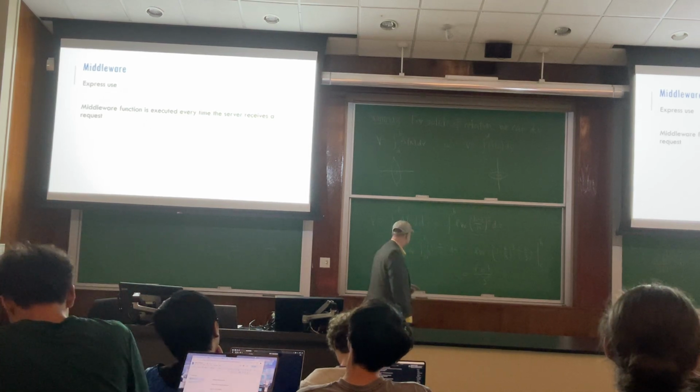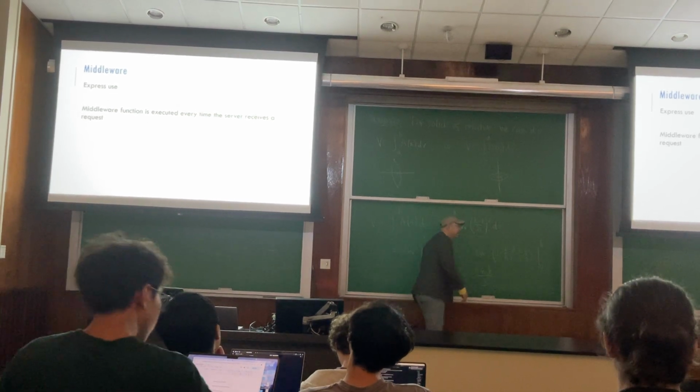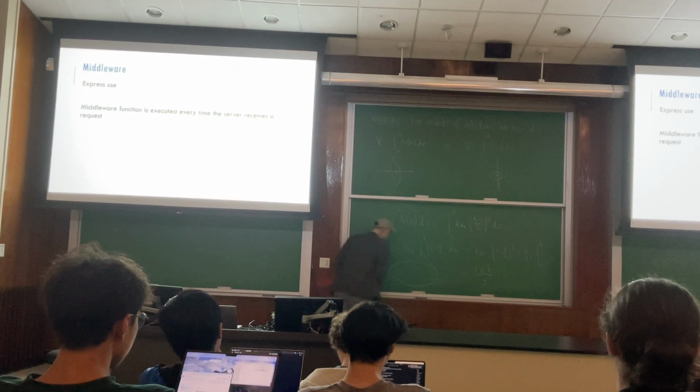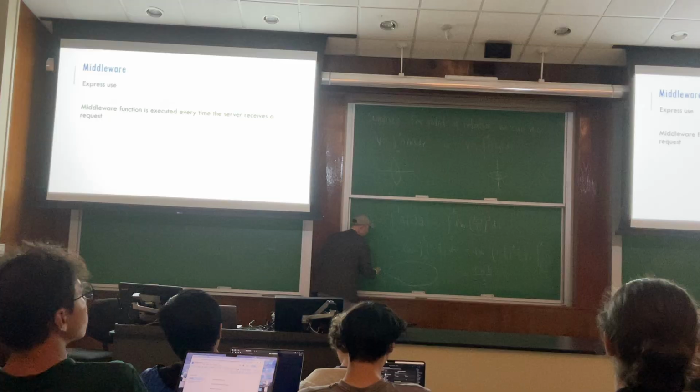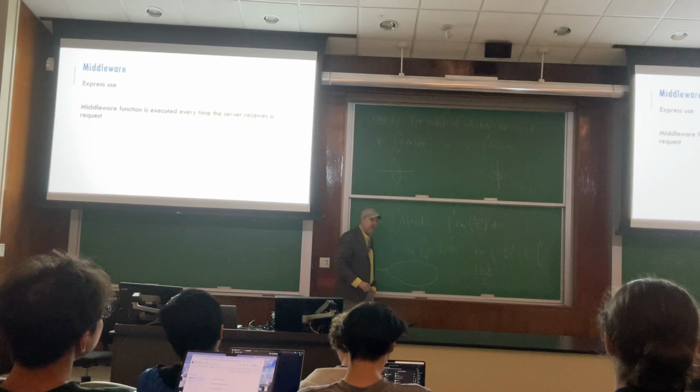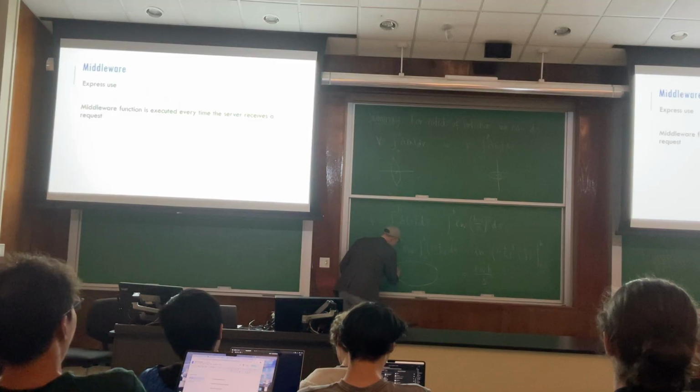I want you to understand it's like this, all right? The backend server is here, so here we have Express. It receives a message. And the question is, what do we want to use?